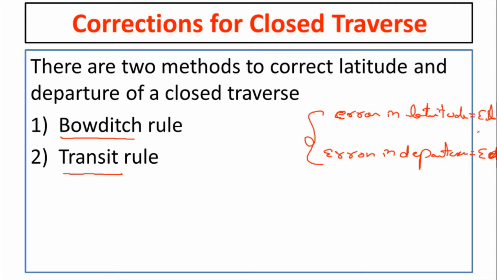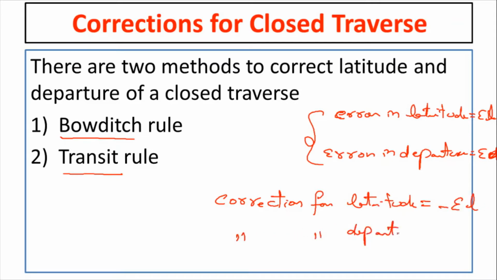So if the error is sigma L, then the correction for latitudes you have to apply is minus sigma L. And the correction for departure you have to apply is minus sigma D. Whatever this minus sigma L and minus sigma D is there, they are the total correction you have to apply for latitude and departure.